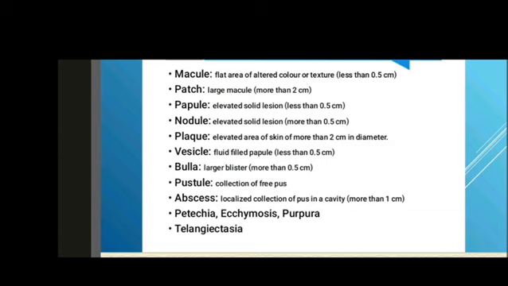Petechiae, ecchymosis, purpura, and telangiectasia are non-blanchable. On examination there is no pale color formation, because there is extravasation of blood from the normal blood vessels.